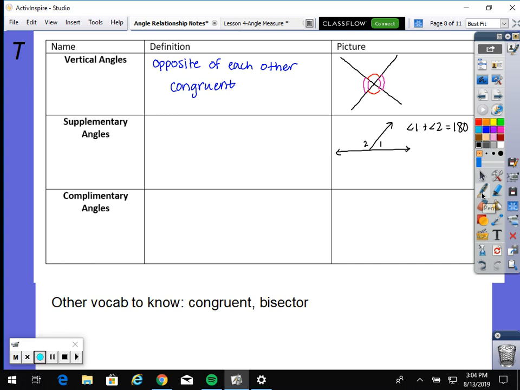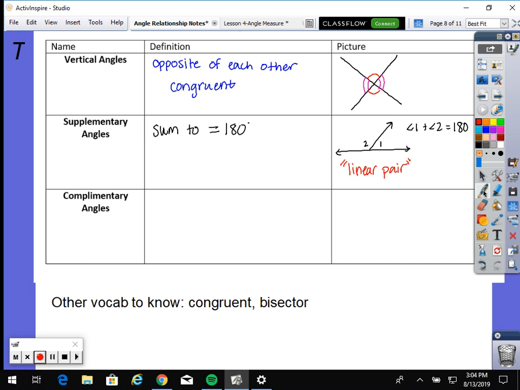So I'm going to write that in my definition. Sum to equal 180 degrees. The picture on the right, it could also be called a linear pair. So I'm just going to put little quotes under here and put linear pair, because they come together and they make a straight line. So we could call it a linear pair.